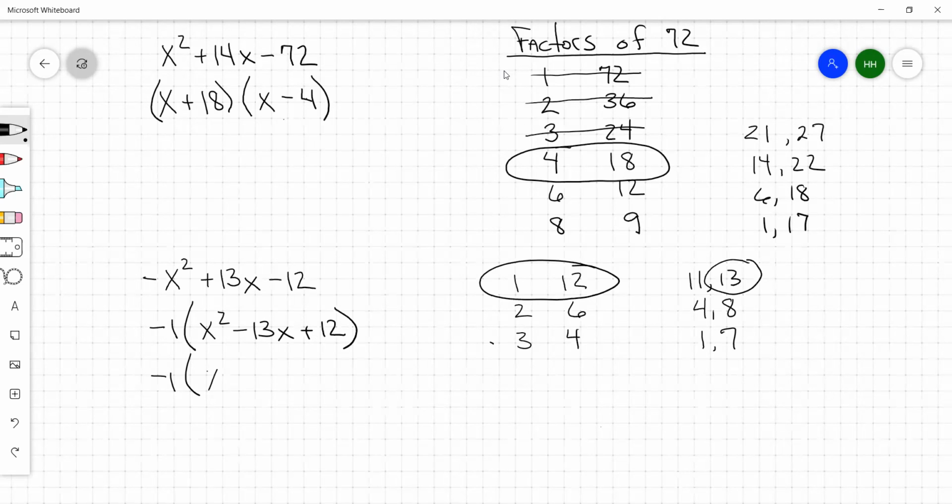So they've got to be x minus 12 times x minus 1. Your negative 12 times your negative 1 equals positive 12, and your negative 12 minus 1 is negative 13.